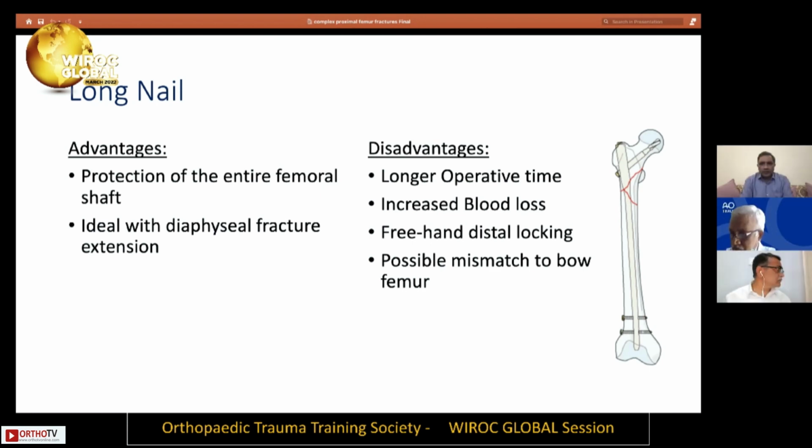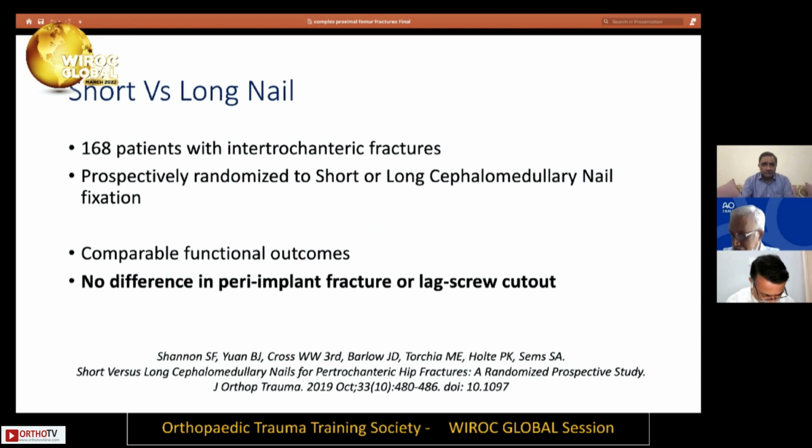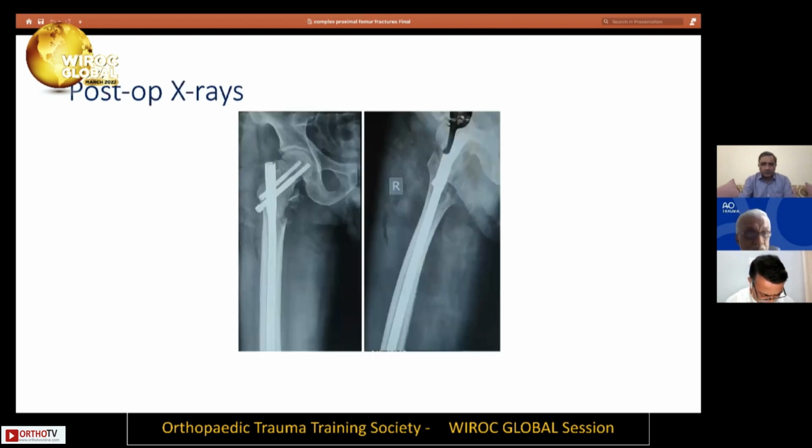You have to do freehand distal locking, and there is possible mismatch with the femurs, especially in elderly patients. But if you look at the literature, there is no difference as far as the functional outcome is concerned if you use a short nail or a long nail. And there is also not much of a difference in peri-implant fracture or lag screw cutout.